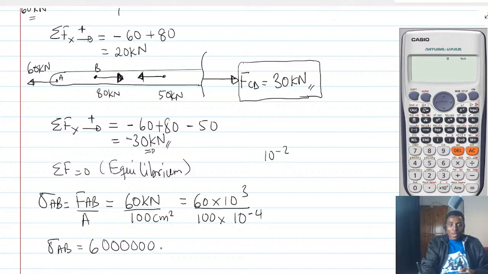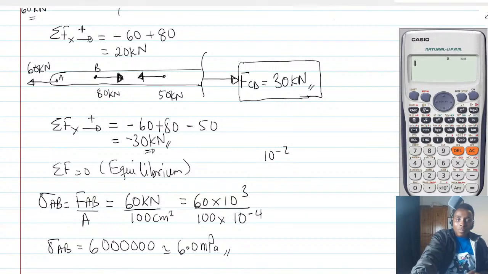So in engineering, we can write this as 6.0 megapascals.